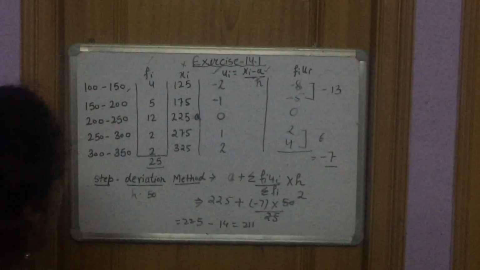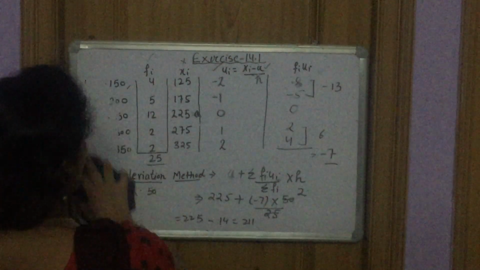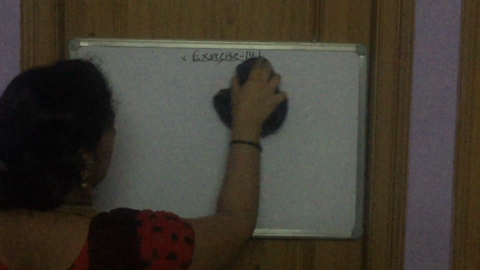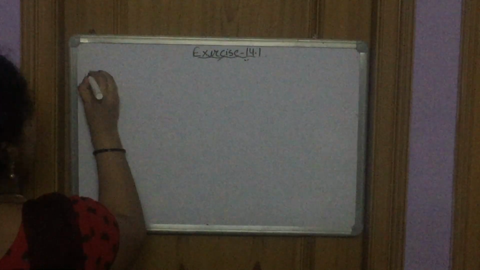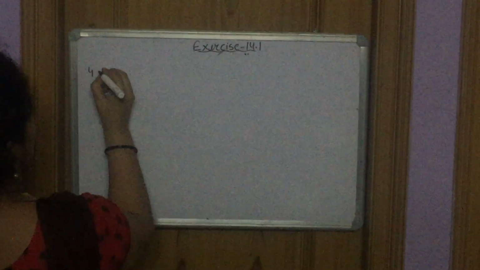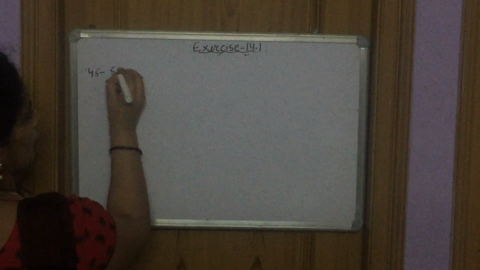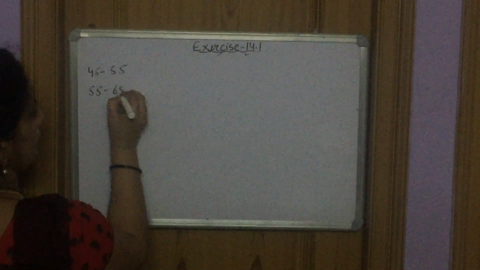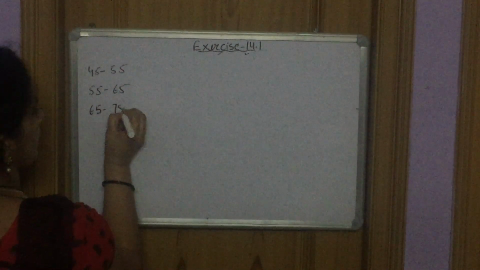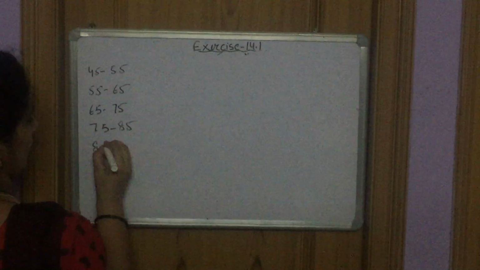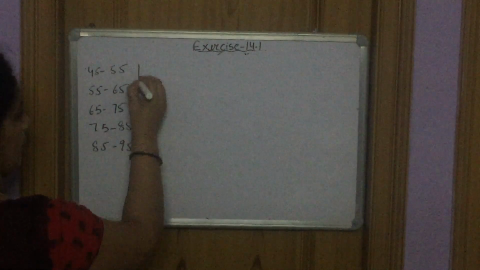Next we will do one more question of the step deviation method. The statement is, we are given the literacy rate of some cities, that is, the interval is 45 to 55, next is 55 to 65, 65 to 75, 75 to 85, then 85 to 95.